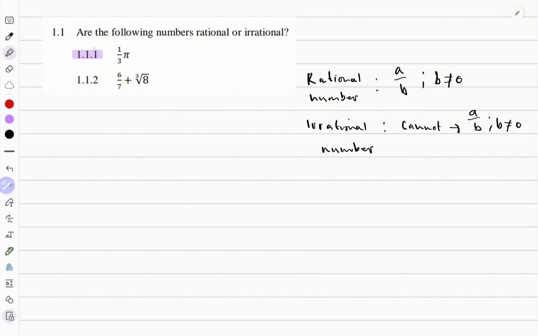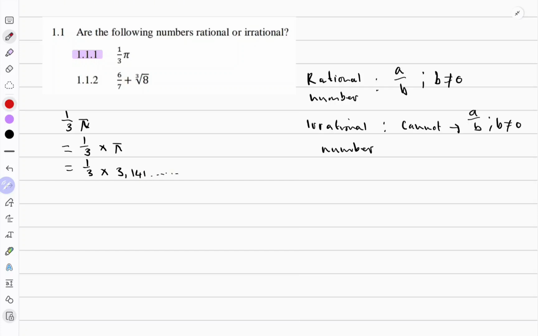So let's look at the first question. Here we've got 1/3 pi. 1/3 pi can be written as 1 over 3 times pi, and we know that pi is 3.141 and a lot of non-ending numbers following.